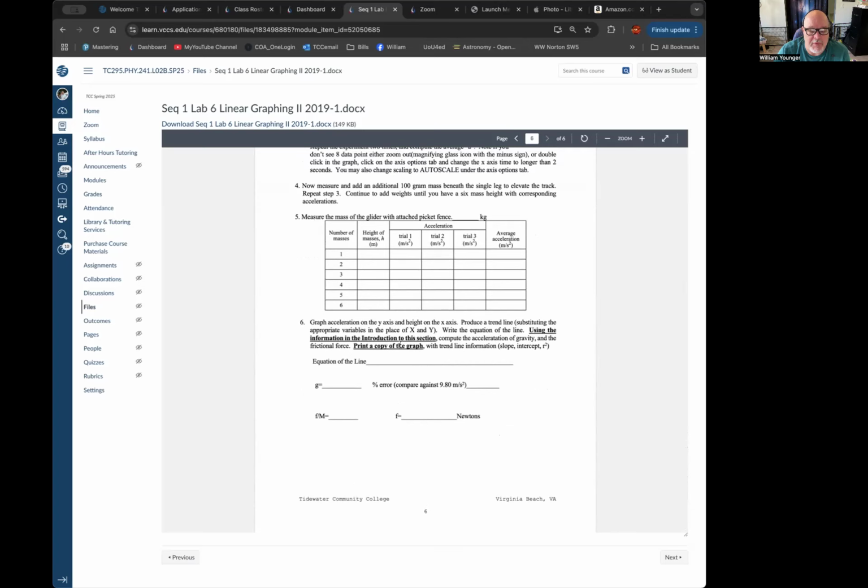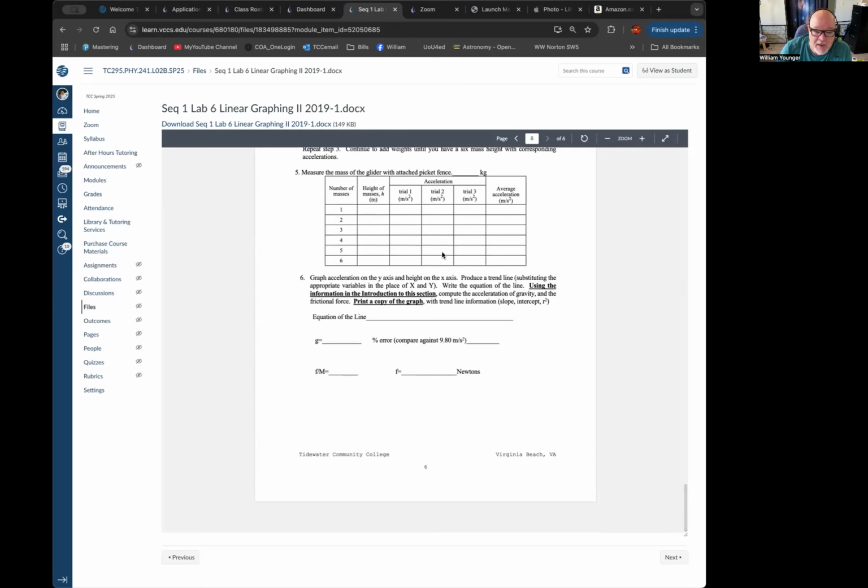It did say print a copy of the graph, so you definitely want to make sure you insert a photo or a screenshot of the graph big enough so that I can see it, and include the data, which luckily is right there, so it shouldn't be a problem. Just remember, if you type data into this table, which is certainly fine, make sure you do it in a font other than black. That's the whole lab. It's really not that bad, and that's why I chose this lab to be the lab that we do two labs on.